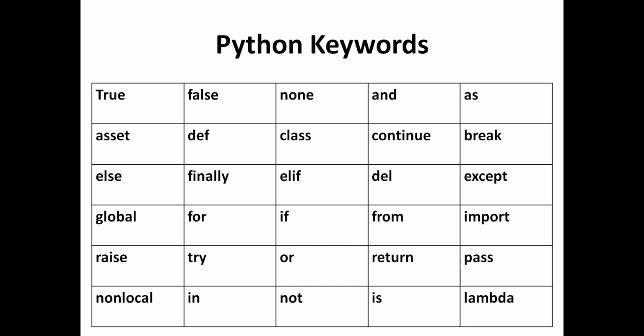What we are seeing on the screen are the fixed keywords of Python, like True, False, None, and so on. You cannot use the keywords as names, so make sure you try to memorize these keywords.